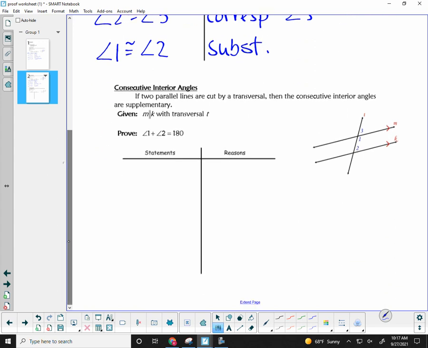All right, last one. These are consecutive interiors or same-side interiors. Okay, so again, I just renumbered our angles there. So we're going to start with the same thing. The given: M is parallel to K with transversal T. That's given. So let's go down that list again.